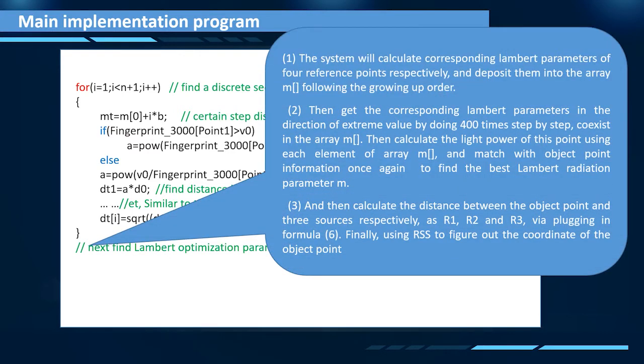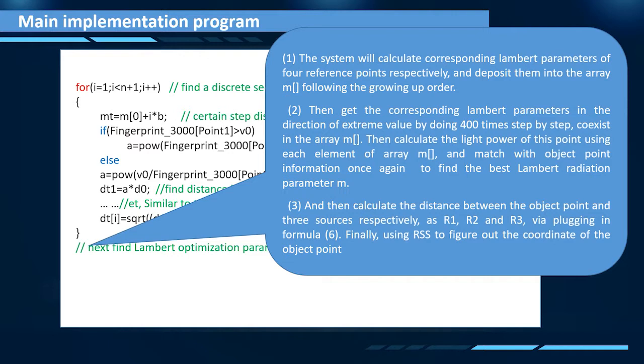The system will calculate corresponding Lambert parameters of 4 reference points respectively, and deposit them into the array following the growing order. Then, get the corresponding Lambert parameters in the direction of the extreme value by doing 400 times step by step, and store them in the array.